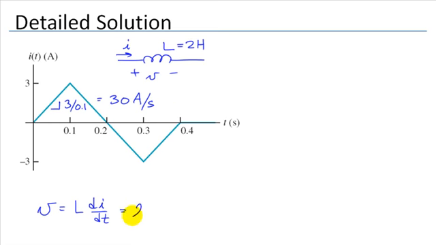That tells us that during this first interval we have 2 times 30 amps per second, or 60 volts. During this interval, the slope has a rise of -3 amps divided by a run of 0.1 seconds again.